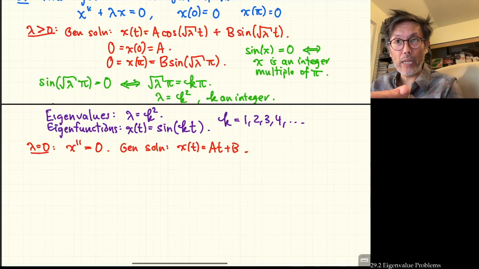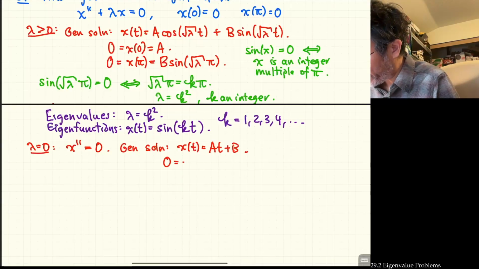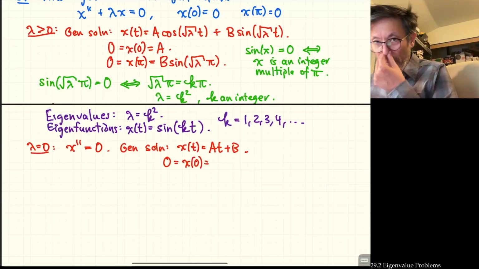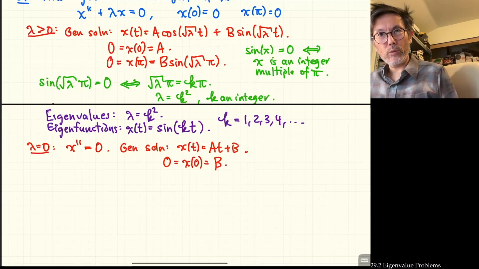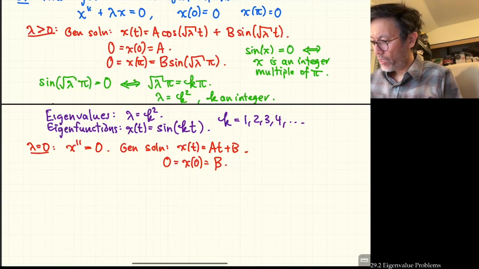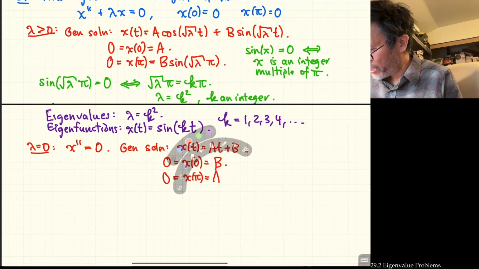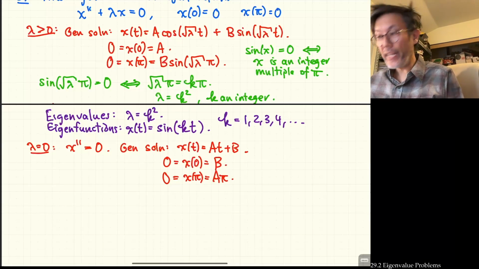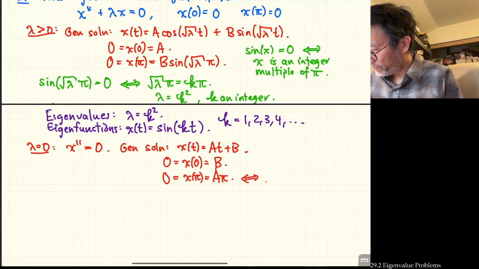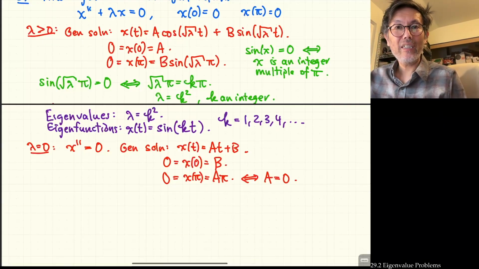Now let's look at what the boundary conditions say. The first boundary condition says that 0 is equal to x of 0. But x of 0 is simply b. So, in other words, b is 0. Second boundary condition says that 0 is equal to x of pi. But if we plug in pi and b is 0, then we get a pi. Pi is not 0, and therefore a is 0, to satisfy that second boundary condition.